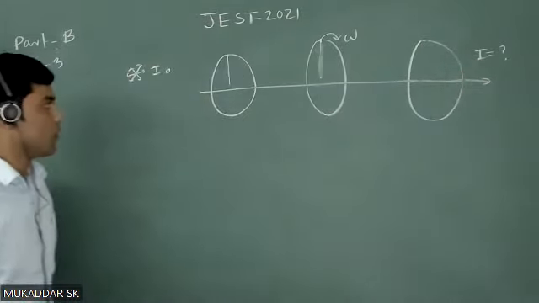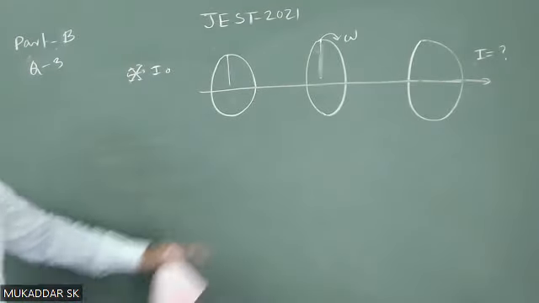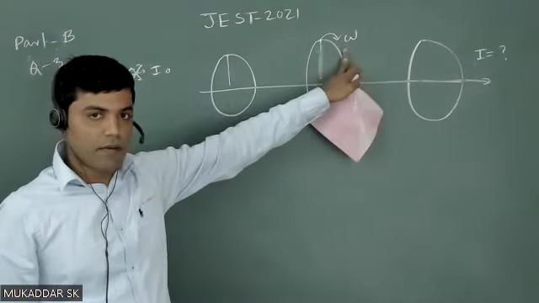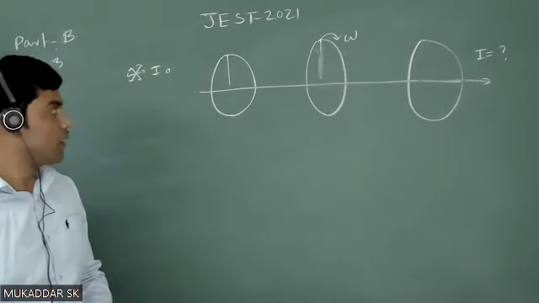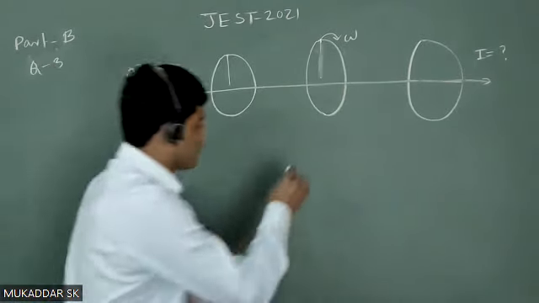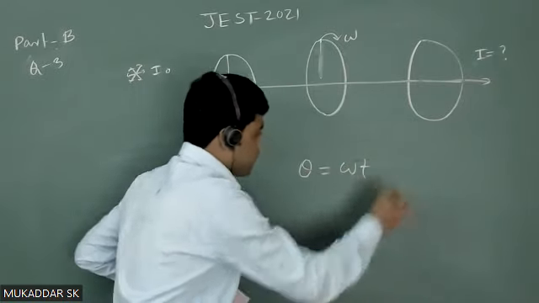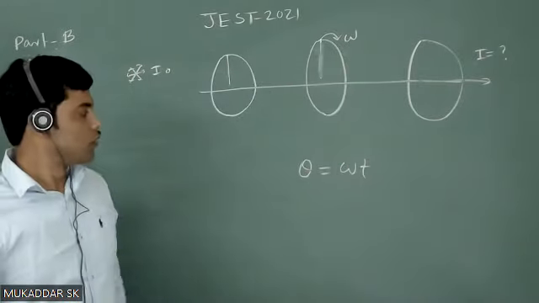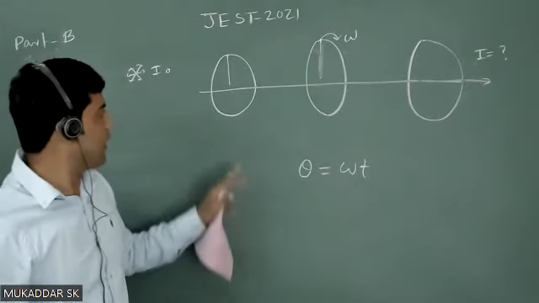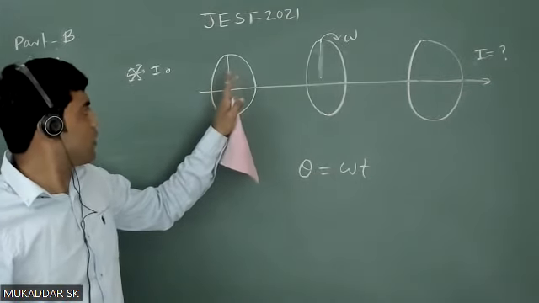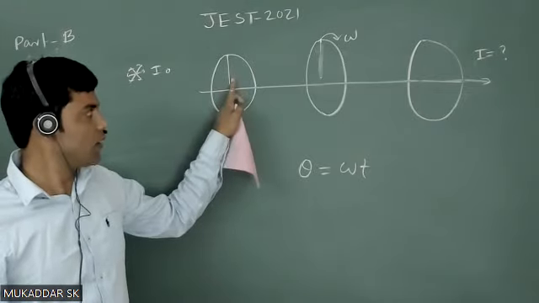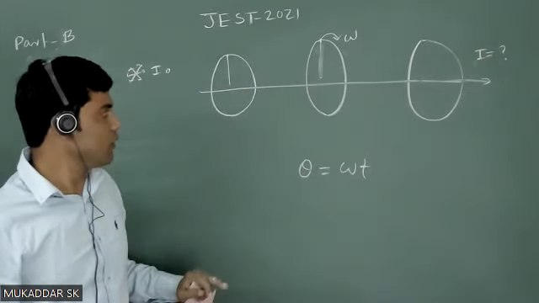So you have an angular frequency. I can define theta, and theta is nothing but omega into t. So after time t, the angle between the pass axis of the first polarizer and this polarizer will be theta.